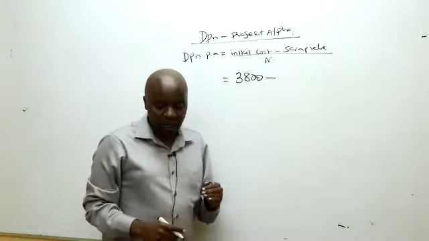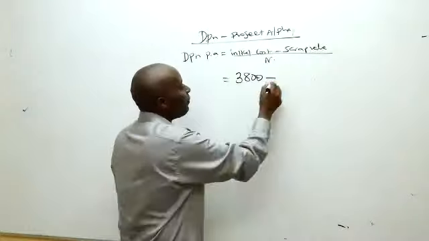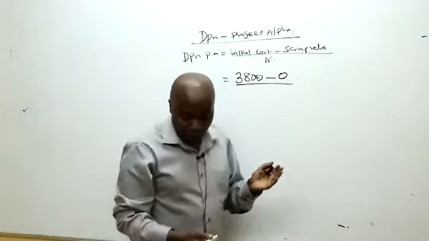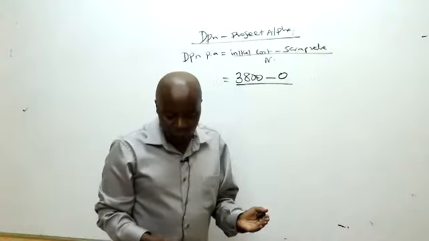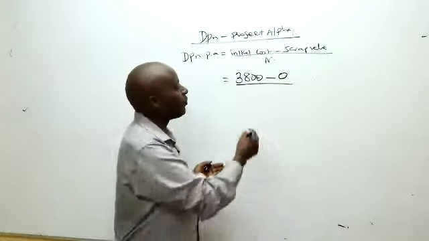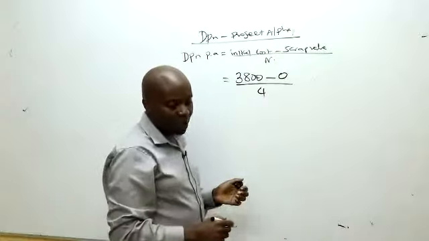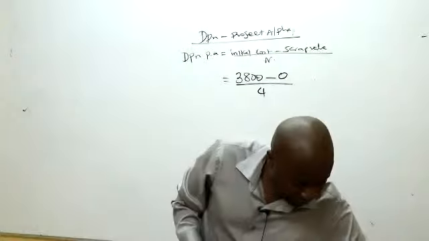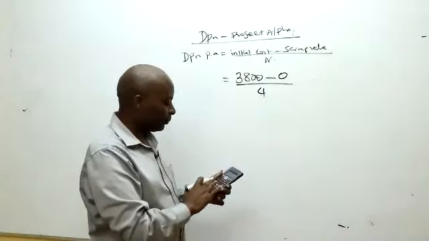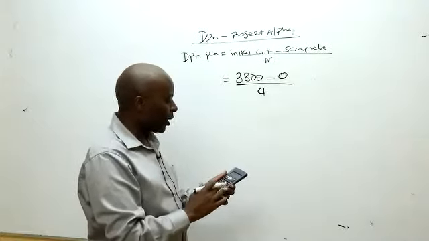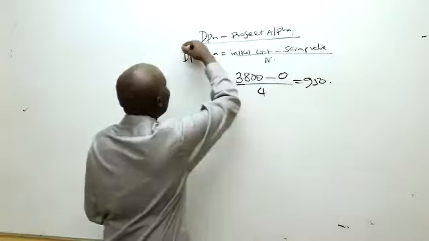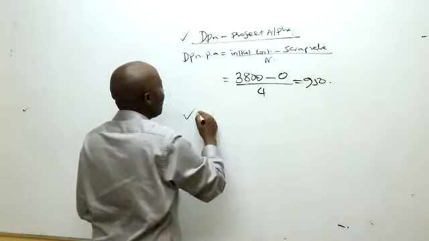Both projects have a zero salvage value, so scrap value is 0, divided by n, the project's lifespan. Project alpha's lifespan is 4 years. So 3,800 divided by 4, giving us 950.